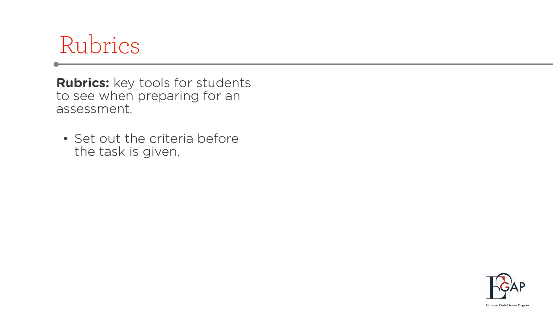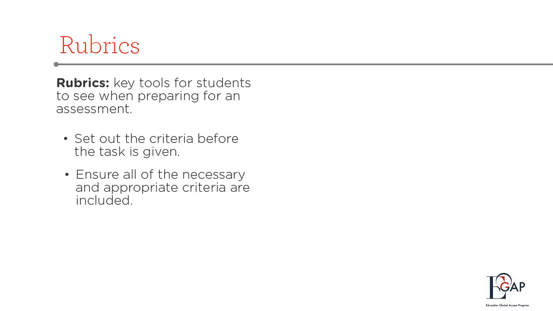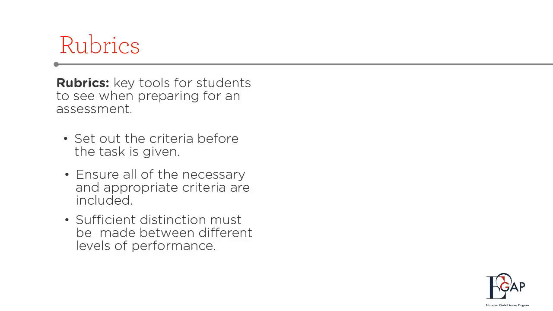The key to an effective rubric or checklist is to ensure all of the necessary and appropriate criteria are included, and sufficient distinction is made between different levels of performance so that student work can more easily be assessed. They are also very empowering to students because the students know what the expectations are and how they coincide to a particular grade. Therefore, the student has a choice.